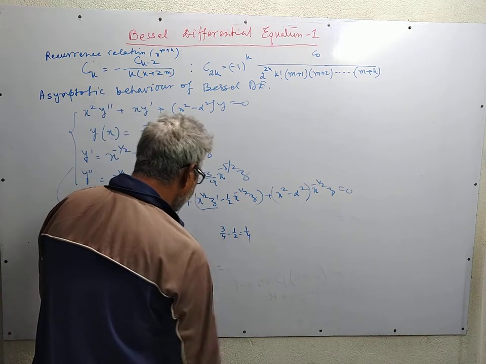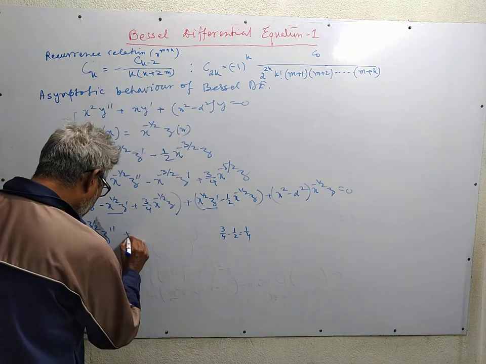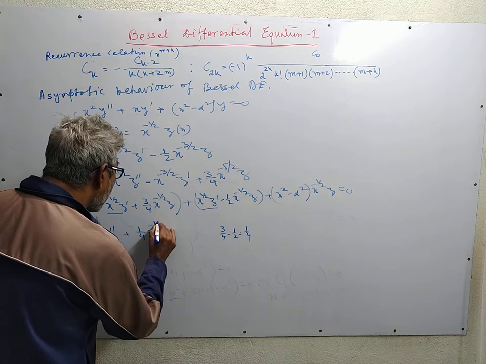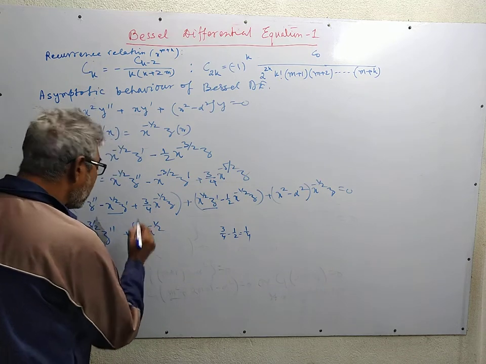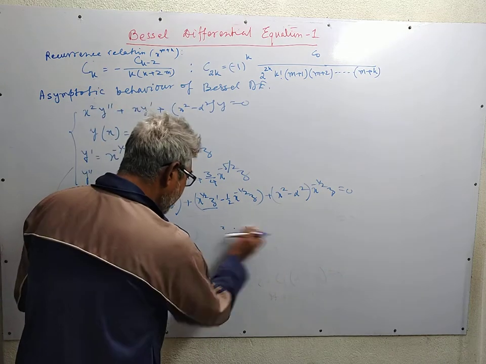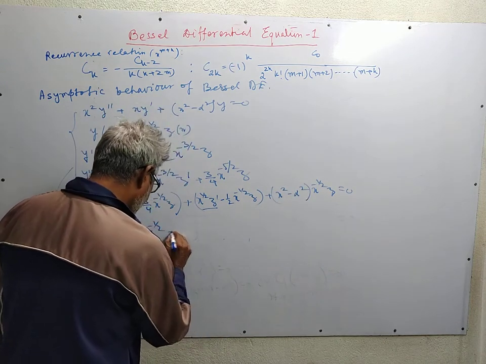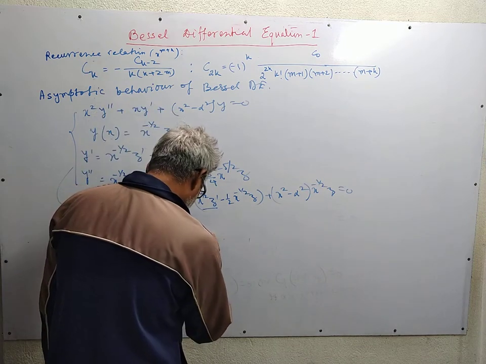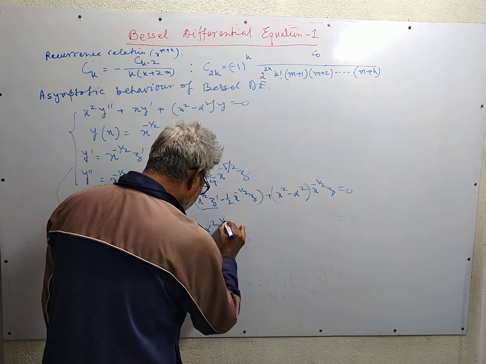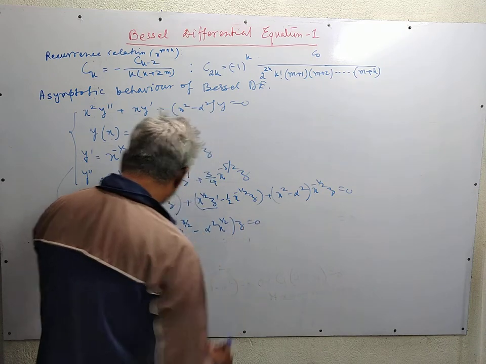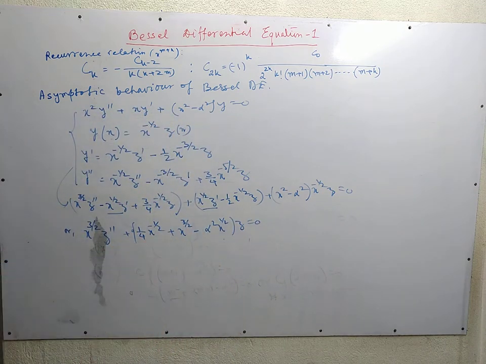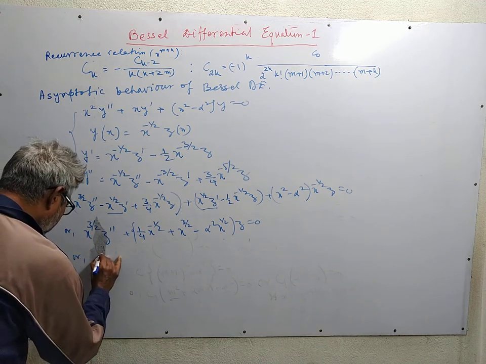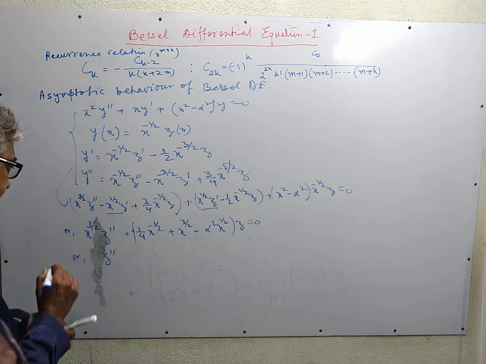So this is 1 upon 4 x to the power minus half, and the last term has alpha square x to the power minus half z. If we divide by x to the power 3 by 2, we get z double prime.